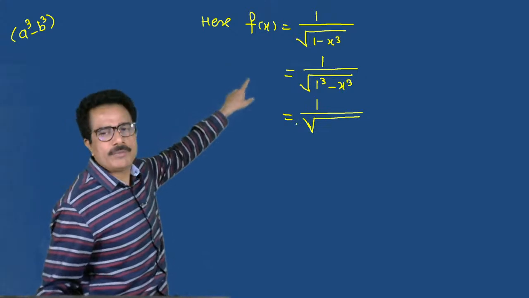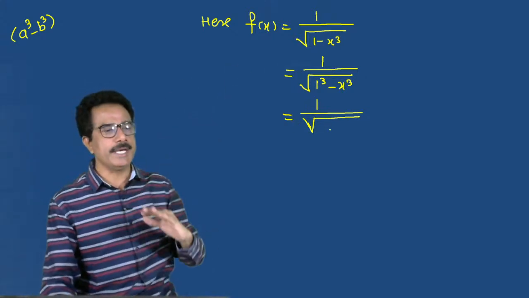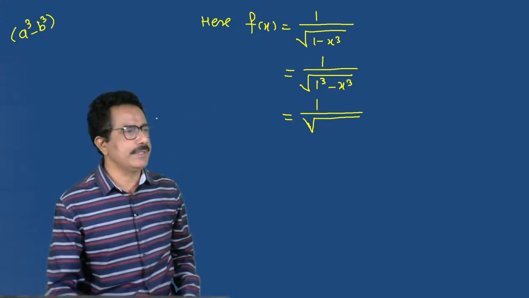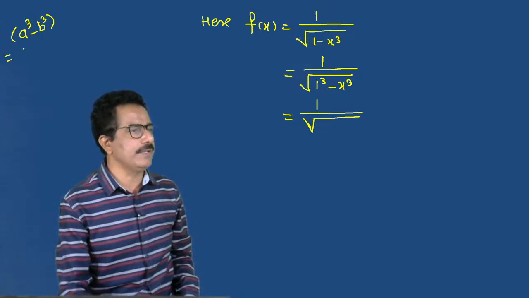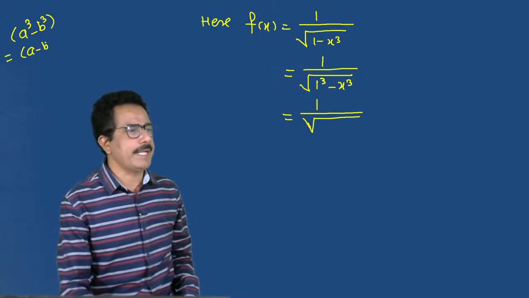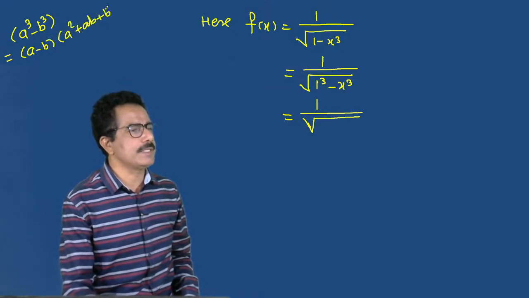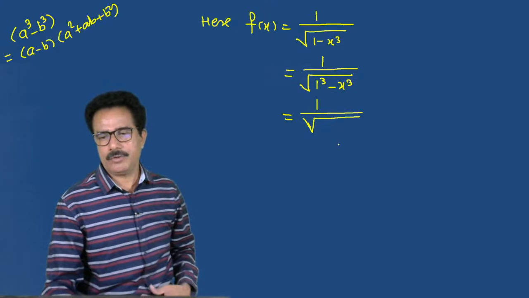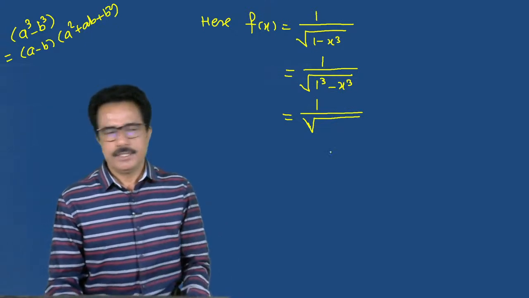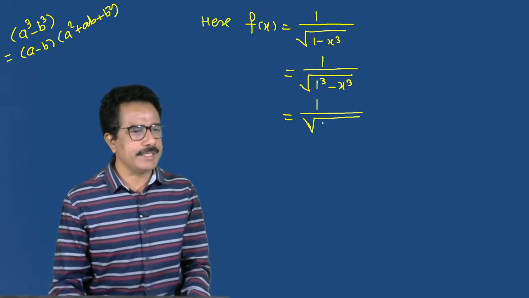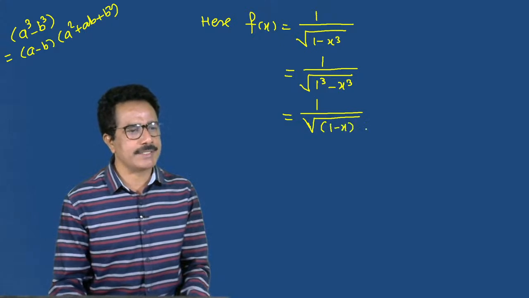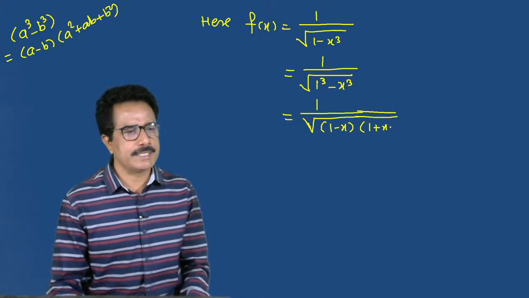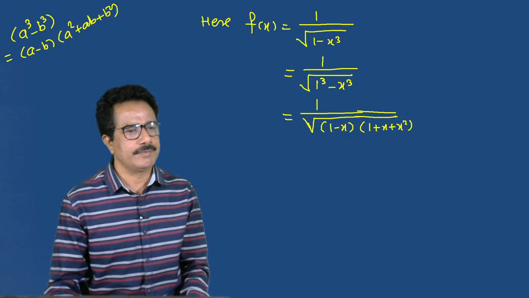Now use the formula a cube minus b cube here. In factor form, a cube minus b cube is a minus b times a square plus ab plus b square. Is it correct? So a minus b means 1 minus x, into another bracket 1 plus x plus x square.